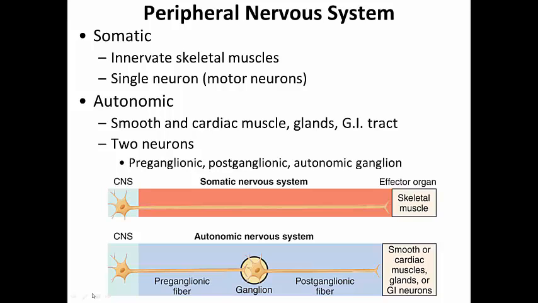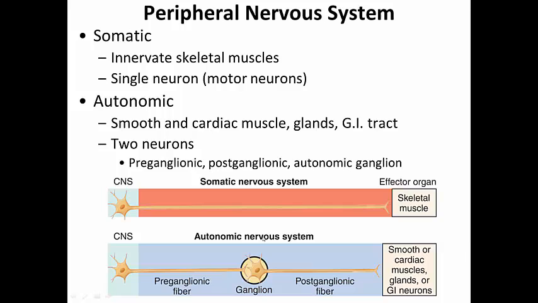And what we see is that we have a junction between a preganglionic and postganglionic neuron located in this autonomic ganglion. Then the postganglionic fiber will head to the effector, one of the effectors that we mentioned previously, smooth muscle, cardiac muscle, glands, and so forth, and have its impact on the body.